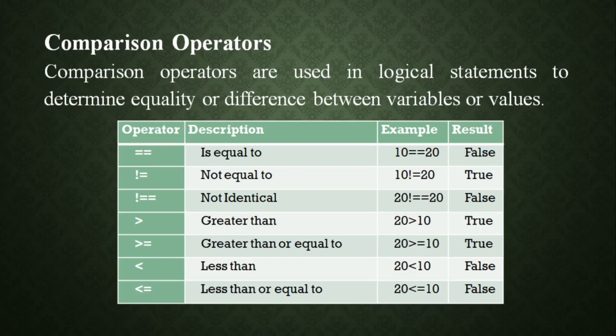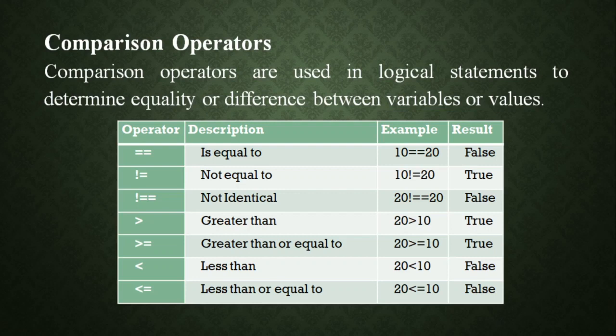And the next type of operator is comparison. For measuring equality, we use these operators. Comparison operators are used in logical statements to determine equality or differences between variables or values. The name itself indicates that it compares two values. If the values are not equal, then one may be a greater value or a lesser value. First we check it for equality.